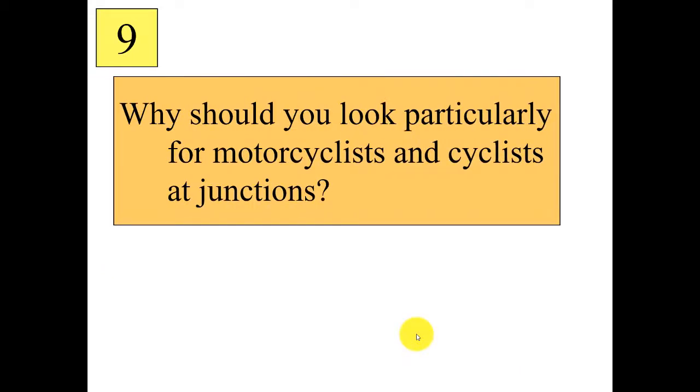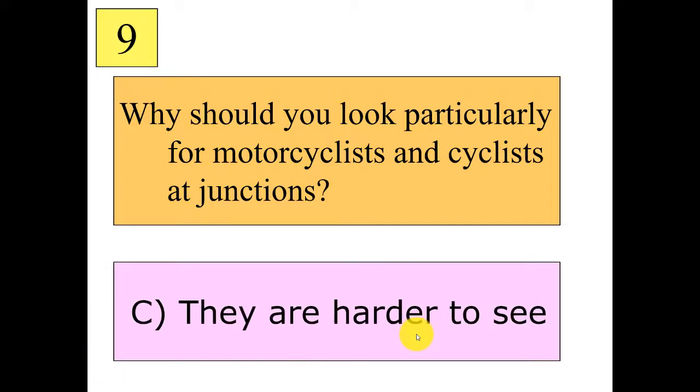Why should you look particularly for motorcyclists and cyclists at junctions? This is question 9. So we're on page 77, question 9. Why should you look particularly for motorcyclists and cyclists at junctions? Answer: they're harder to see.